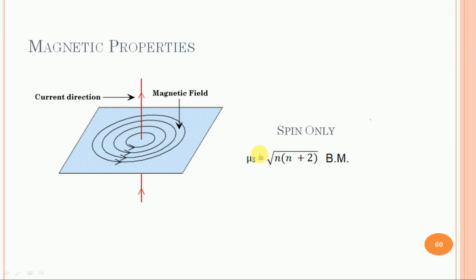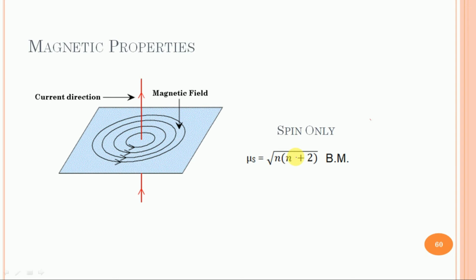So this is the formula, mu equals square root of n into n plus 2, which can be used to calculate the magnetic moment. Here n is the number of free electrons in the case of transition elements.